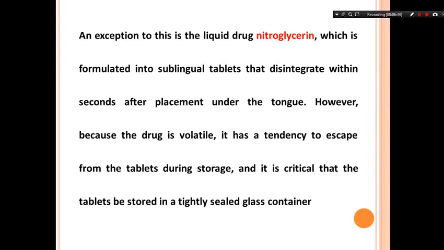So we should keep this drug in a tightly sealed glass container حتى يعني نتجنب the volatility of that drug.